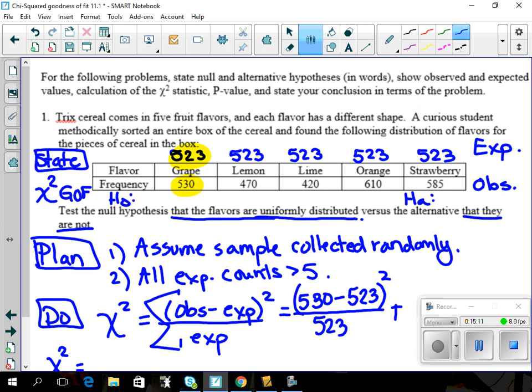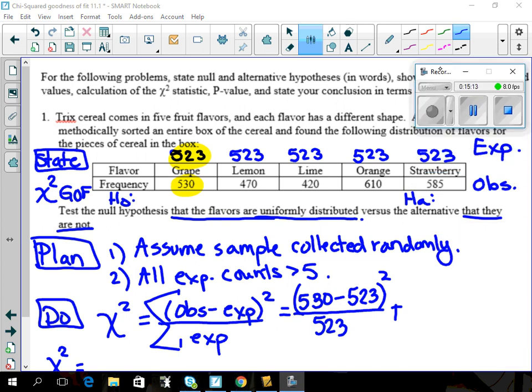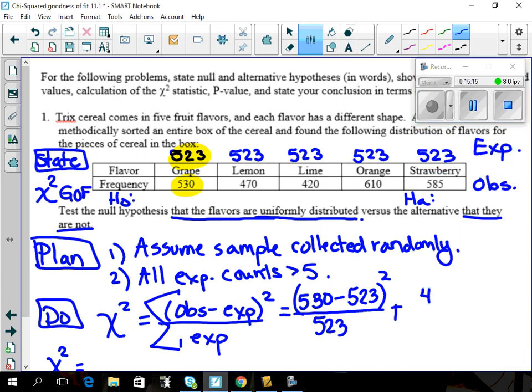Let's keep going. Then it would be 470 minus 523 quantity squared divided by 523 plus, do you understand the pattern? Okay, good. So I'll just continue to write it here.